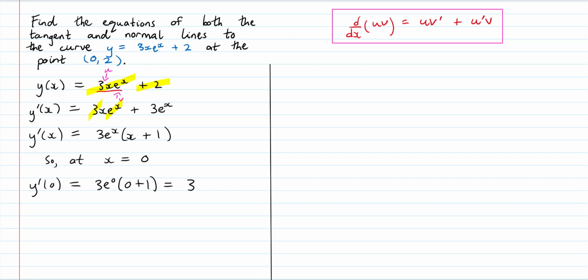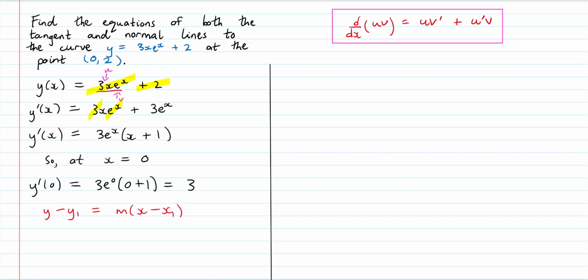So we've got the gradient at the point 0, 2, and we've got a point on the line, which is 0, 2. So now we can find the equation of the tangent line. Just a quick reminder, in general, the equation of a straight line is y minus y1 is equal to m brackets x minus x1, where the coordinates x1, y1 are a point on the line, and m is the gradient of the line.